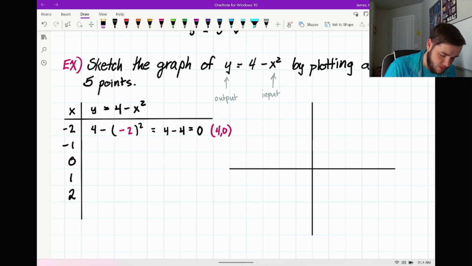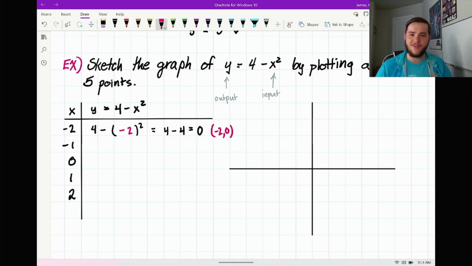Excuse me, I said 4 so many times it felt like I should say it again. So let's plot it. I go over 2 to the left to find -2 on the x-axis, and I move nowhere vertically. That's where the point (-2, 0) falls.